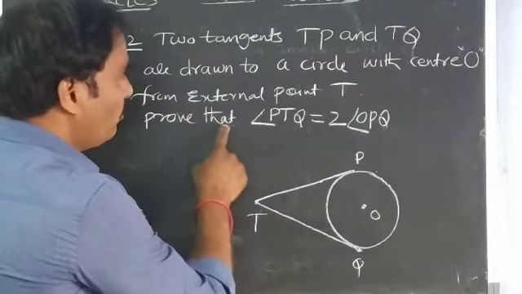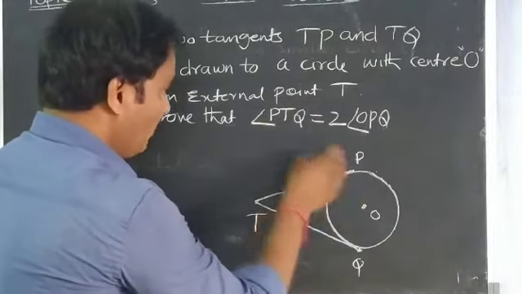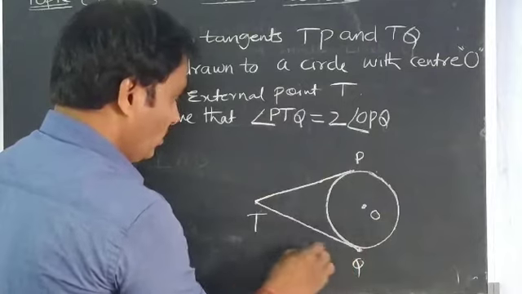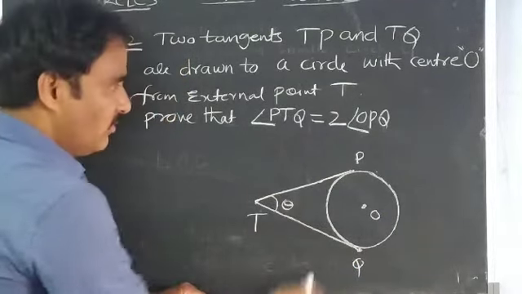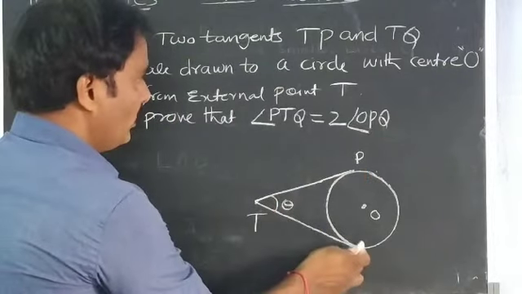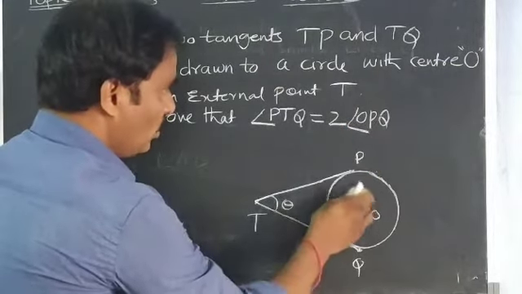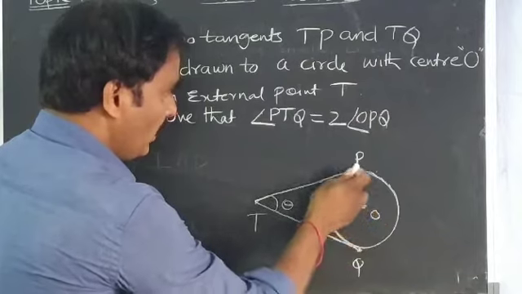We are going to prove that angle PTQ, suppose we assume this is theta, is twice of angle OPQ. How to represent OPQ?